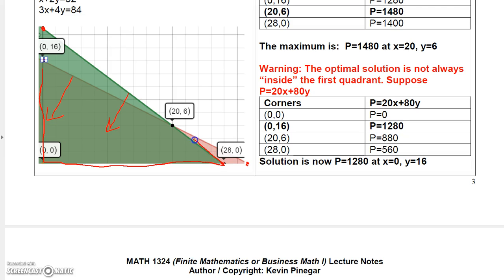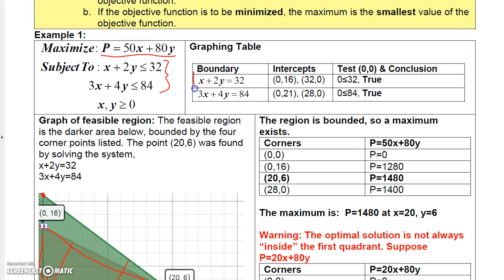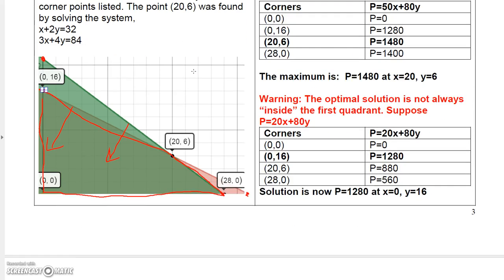You're bounded there, you're bounded there, and then you're bounded up here. So you're getting the region inside here. And you have four corner points: (0, 0), (0, 16), (28, 0), and then you can get the fourth by solving this system of equations, and that'll tell you where the lines intersect, which is (26, ...).